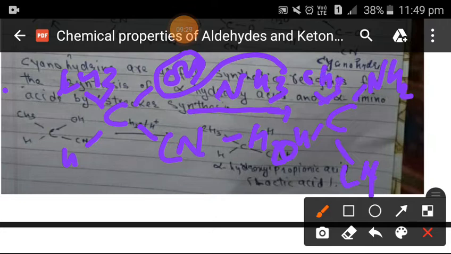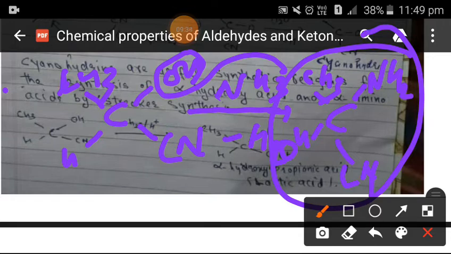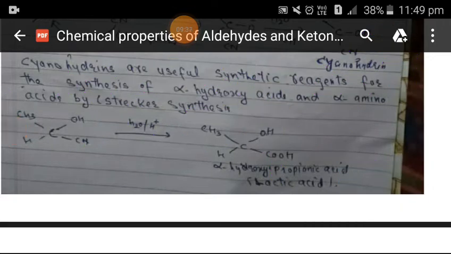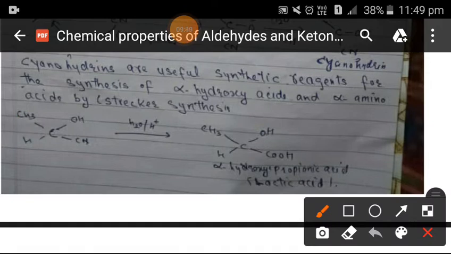Clear? And further, this intermediate in the presence of water or any acid will be converted. The intermediate formed during the reaction, you must follow the steps properly and write this down in your notebook.